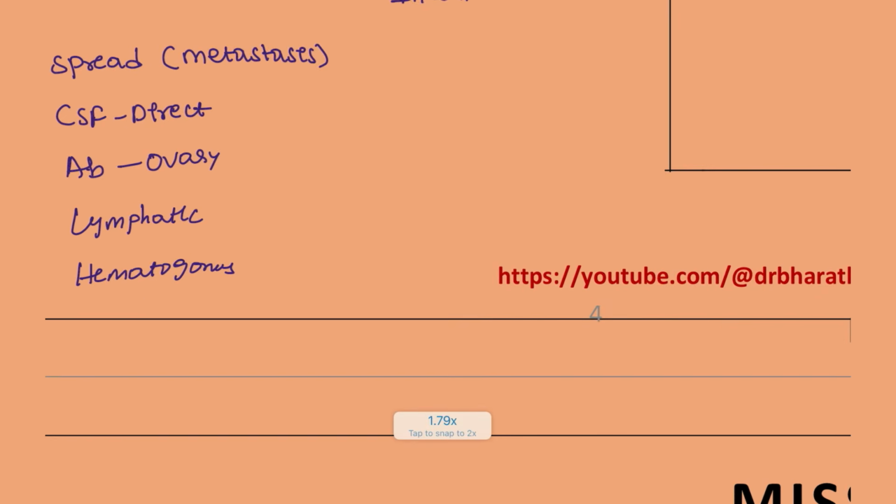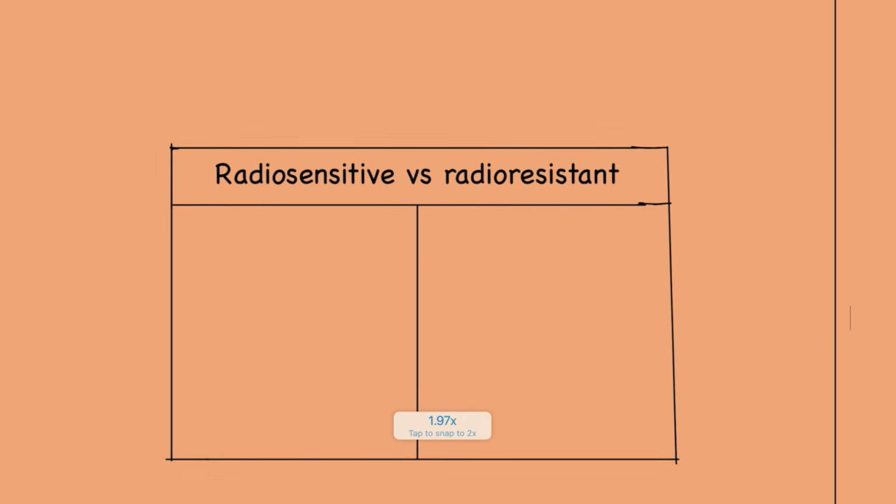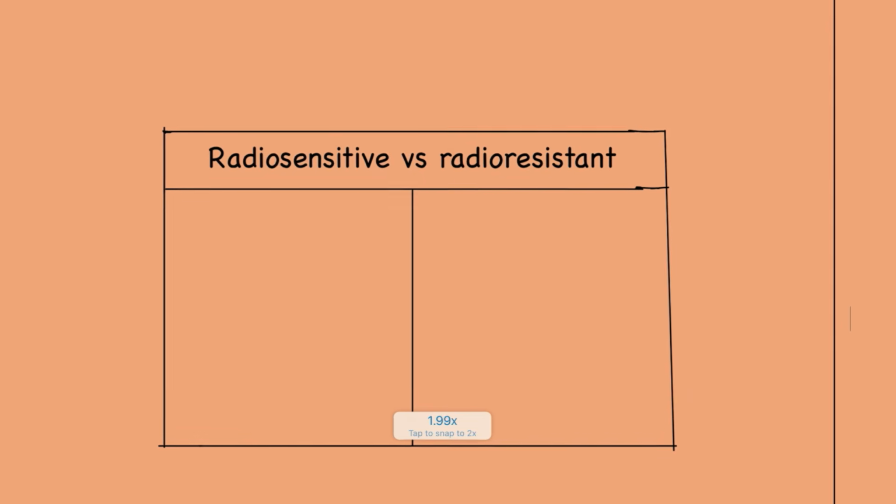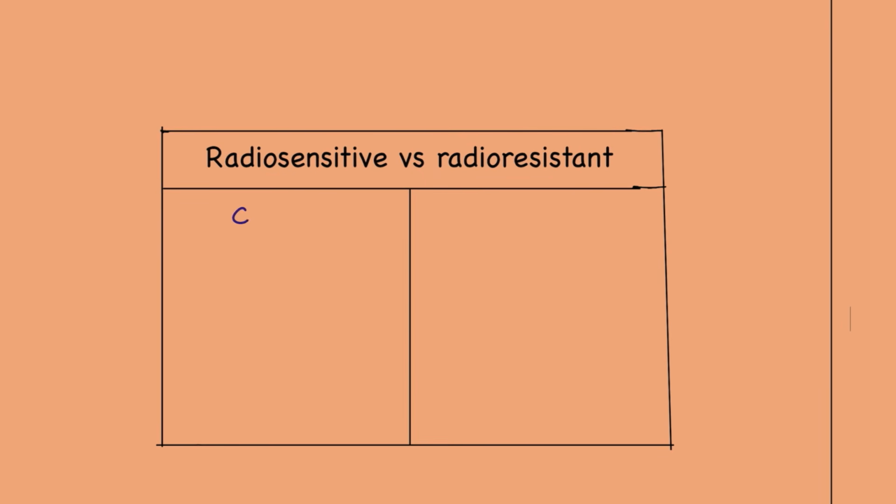Next, here we will be discussing radio sensitive versus radio resistant. Radio sensitivity is seen with the G2/M phase, and radio resistance is seen with the G1 and the S phase.